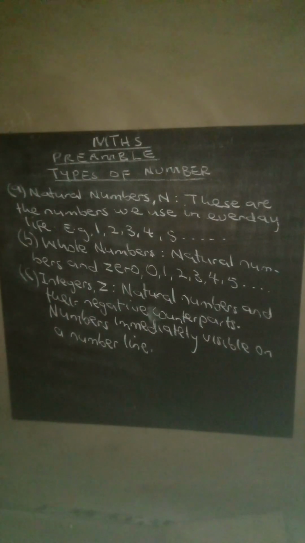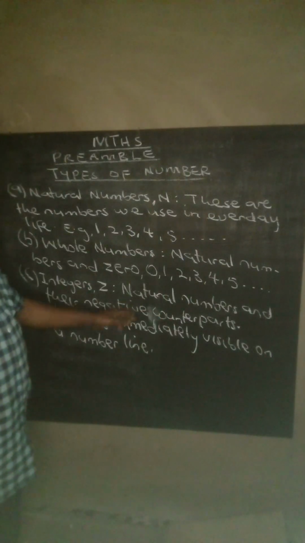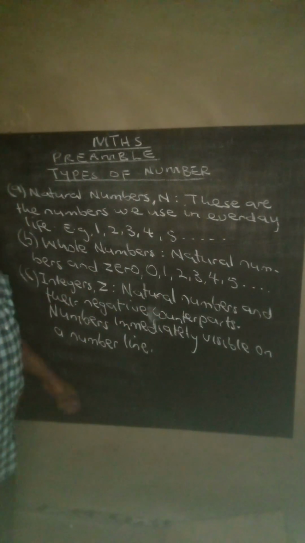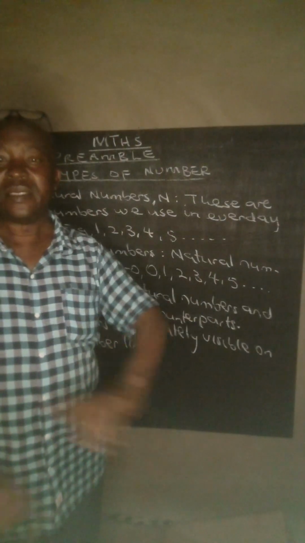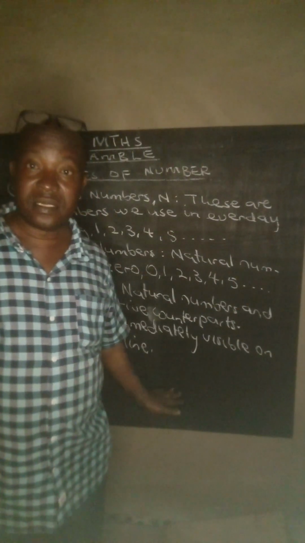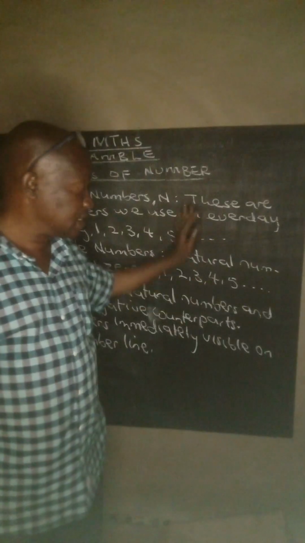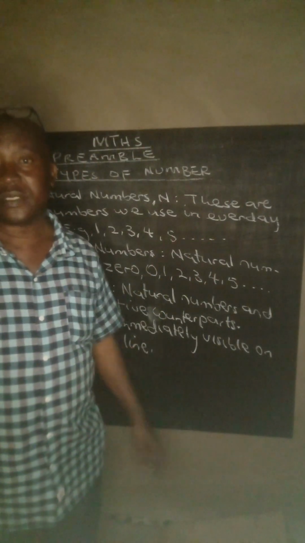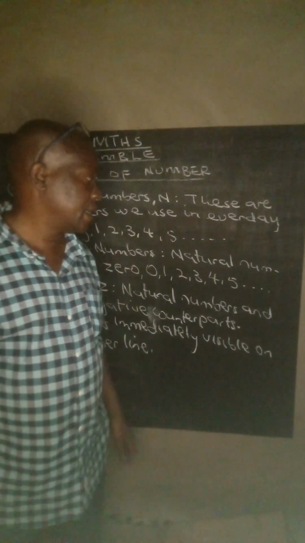These are what we call integers: natural numbers and their negative counterparts, numbers immediately visible on the number line. These are the numbers that are visible. There are other numbers which are not all that obvious or apparent, but these ones you see directly on the number line.